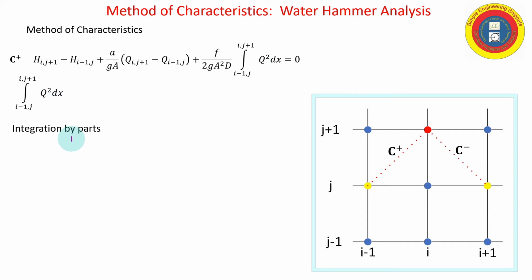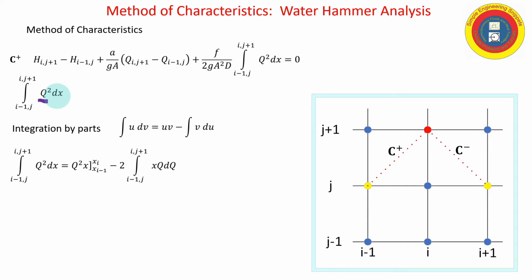The first tool we're going to use is integration by parts. The integral of u dv is equal to uv minus the integral of v du, where u in this case is Q squared and dv is dx. And so I'm going to apply integration by parts. The term right after the equal sign is actually two terms that need to be evaluated at the points x i and x i minus 1.